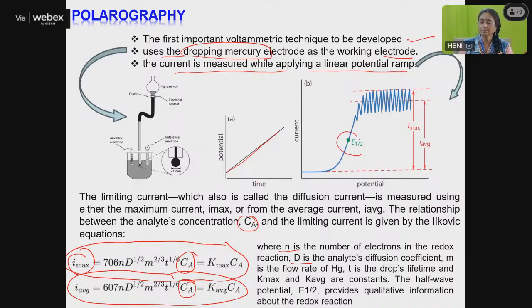And this E half is the half-wave potential of the curve. It is specific to a particular species of an element, so this will tell you which element it is. For say iron 2 plus it will be different, and iron 3 plus will also be different. So by knowing the E half, you will be able to know which species it is.